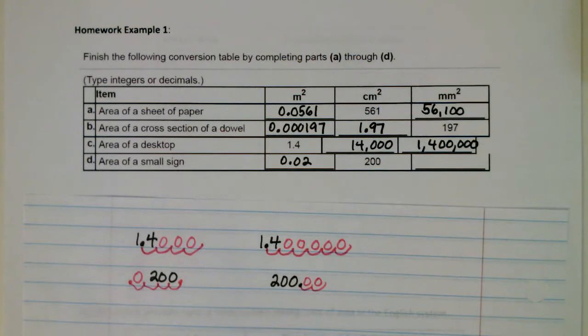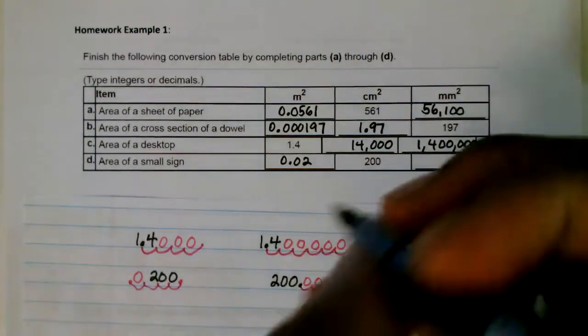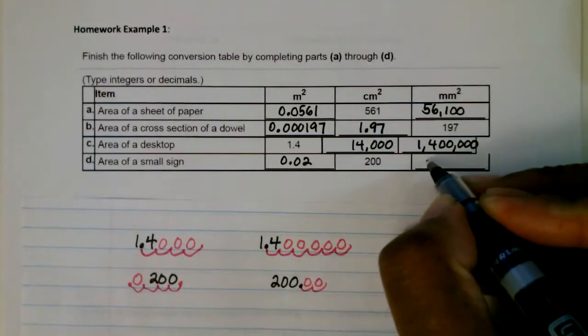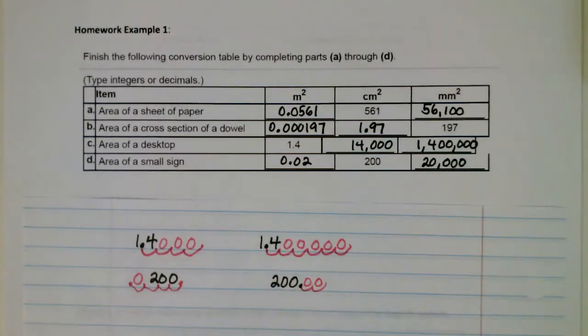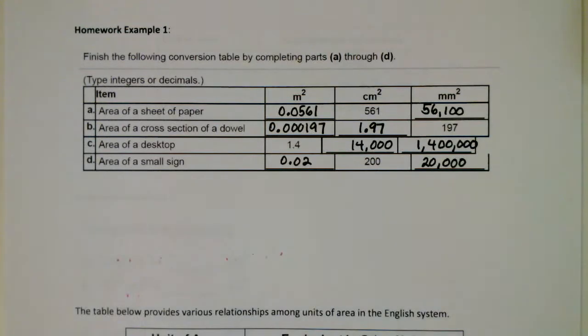So it ends up being 20,000 square millimeters. Again, this is going to take some practice, because you have to remember with a metric unit that's in square units, it's 2 times the number of moves, either to the left or to the right.